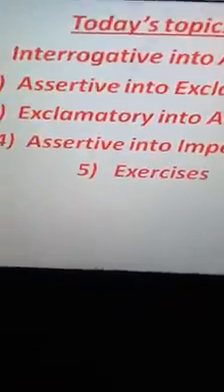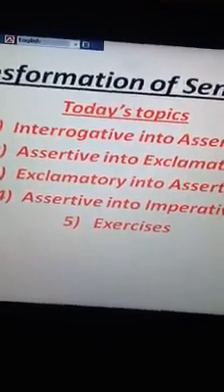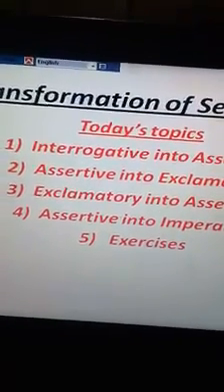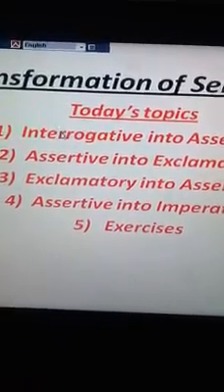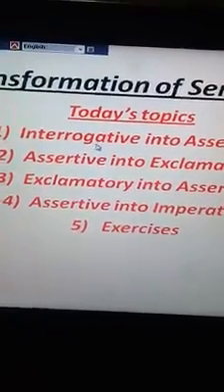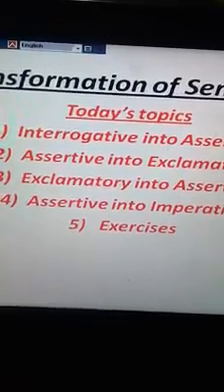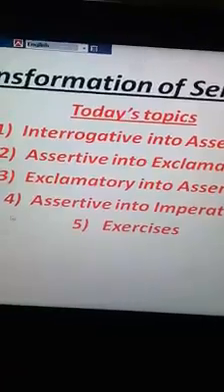Okay, so dear students, at first I will show you the names of the topics of today's class. In the last class I completed the rules of changing affirmative sentences into negative and assertive sentences into interrogative sentences.